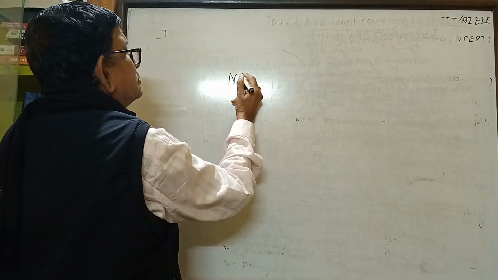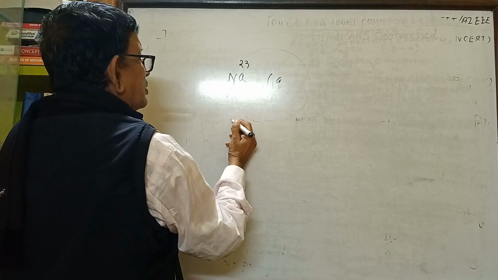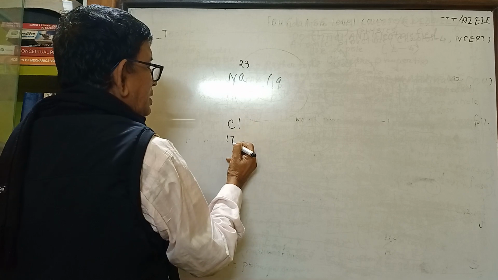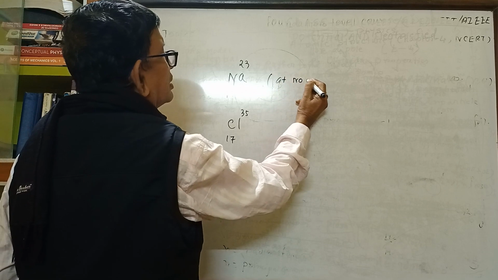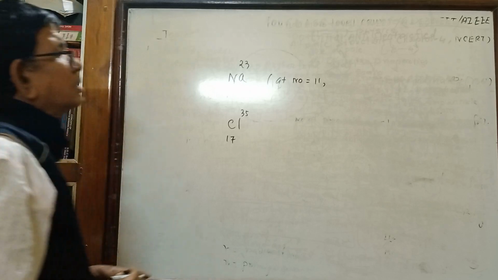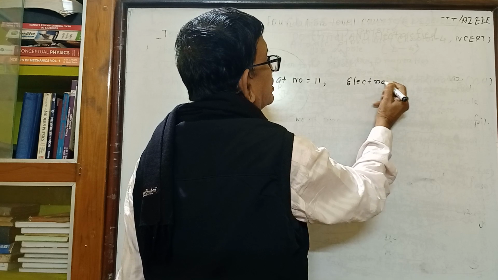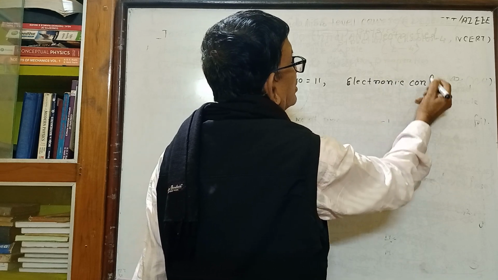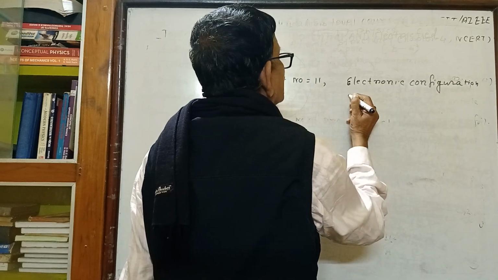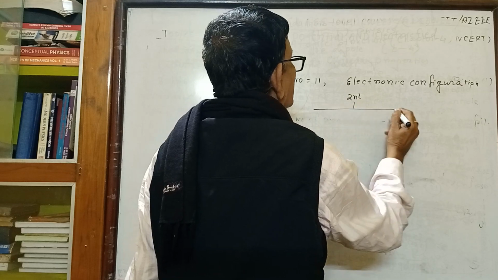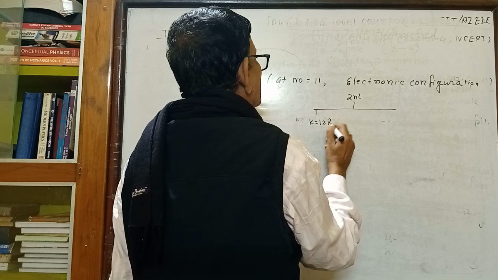Suppose sodium: atomic number 11, mass number 23. Chlorine: atomic number 17, mass number 35. So the atomic number equals 11. What is the electronic configuration? Use common sense with 2n square, one by one. For n equal to 1, K means 2 into 1 square, 2.